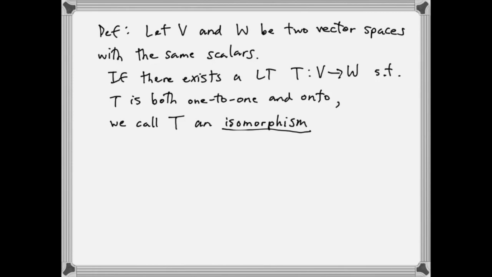And we say V and W are isomorphic vector spaces.